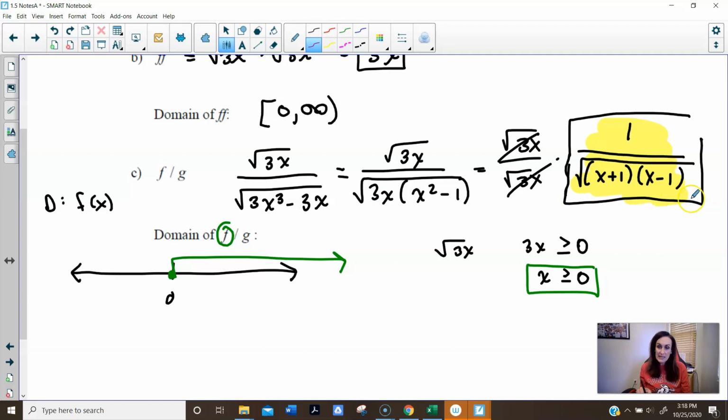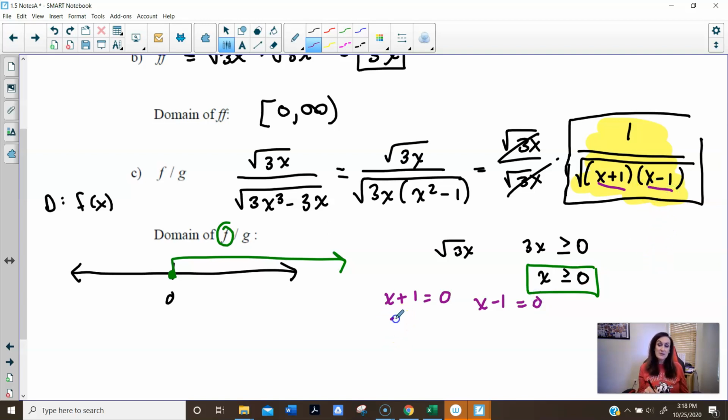Here's the denominator, and I know that the denominator can't be 0, and it can't be a negative underneath that radical. So what I would do first is find the critical values. So if I have x plus 1, you just set that factor equal to 0. And then x subtract 1, set that factor equal to 0.